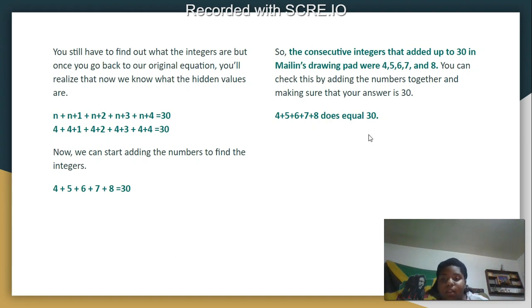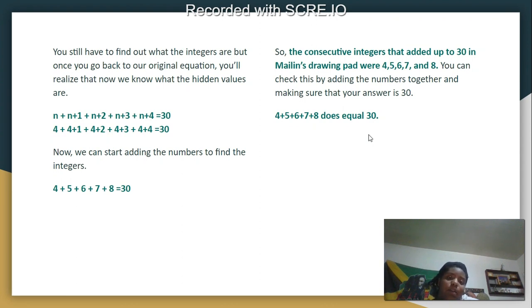Now we can start adding the numbers together to find the actual integers. So once you add 4 plus 1, 4 plus 2, 4 plus 3, 4 plus 4 individually, you would get 4 plus 5 plus 6 plus 7 plus 8, and that equals 30.